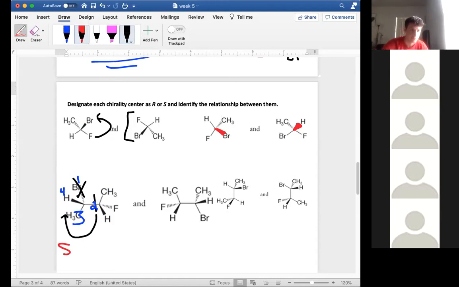I'm not going to run through this because I don't want to run out of time, but let's say this one is SS and this one is SR. There's a thing we like to say: if they are enantiomers, all the chiral carbons have to be opposite in R and S. This molecule has SS, this one has SR. Are all of the stereocenters changed?